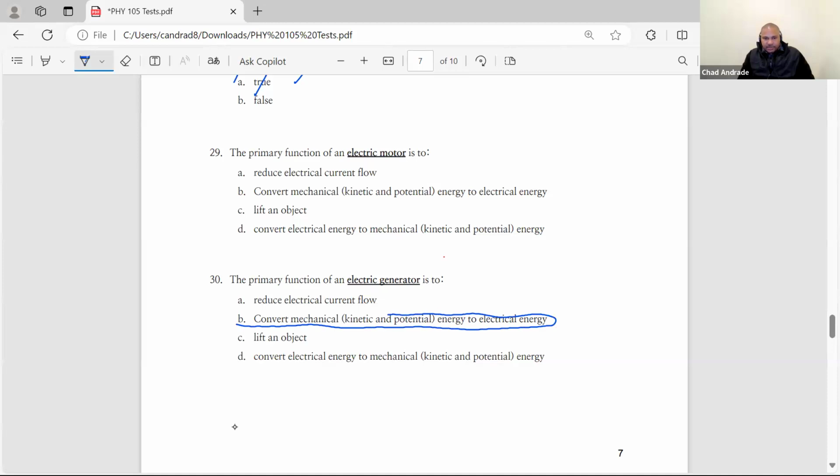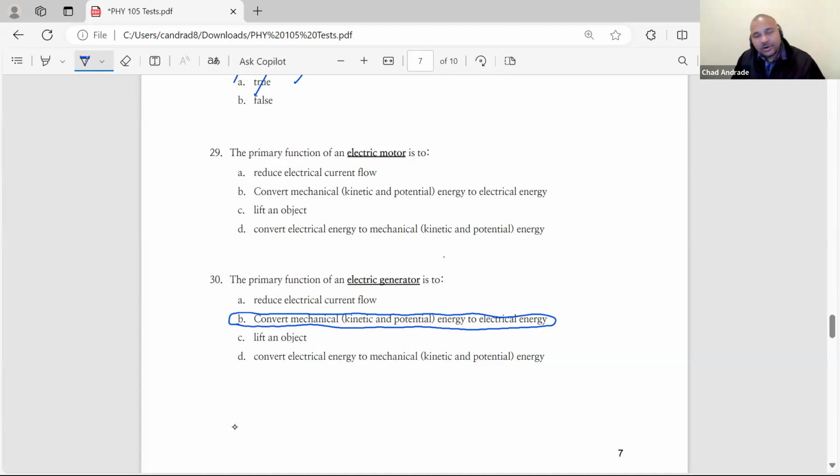This is what power companies do, but they're going from chemical to mechanical to electrical. So they buy barrels of oil and go from chemical to mechanical. They turn these turbines, and the turbines have a huge permanent magnet, and then the magnet is turned inside of some coil, and we make use of this electromagnetism, the connection between the two.